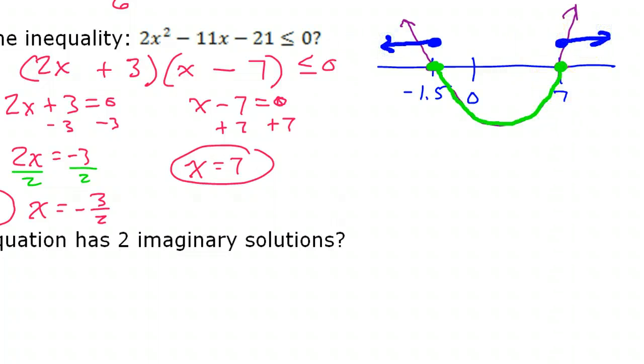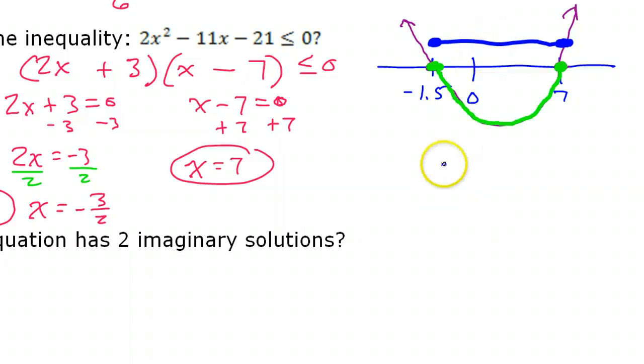Are these the solutions? Or are these the solutions? Okay, which is it? Hopefully it's obvious that it's the second option. Alright, these solutions here are between negative 1.5 and 7. So here it is in number line form.